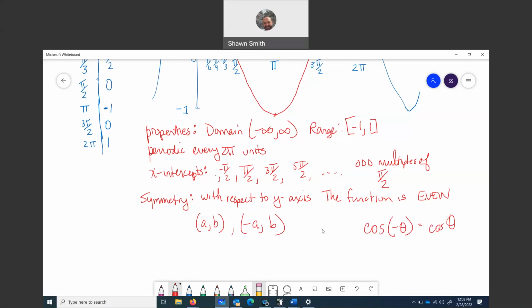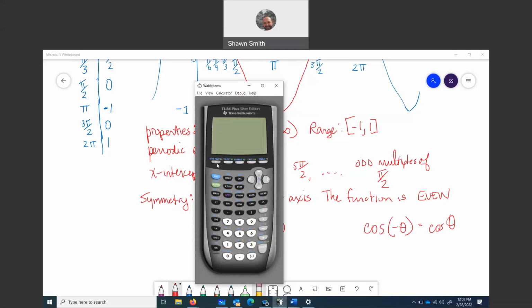Pretty good? Again, you can put these in the calculator too, just to verify it.